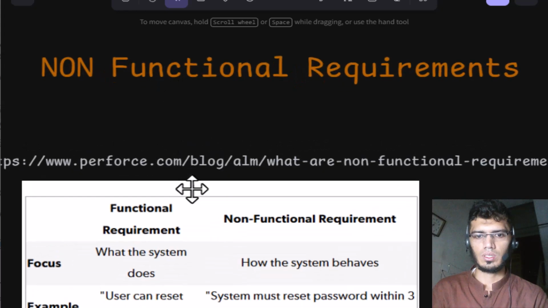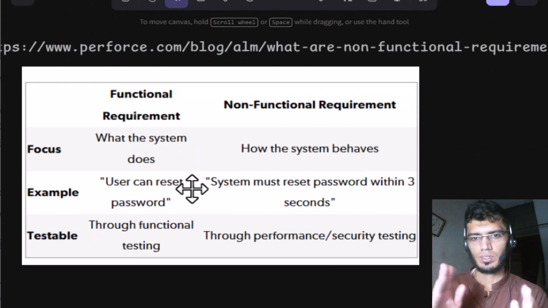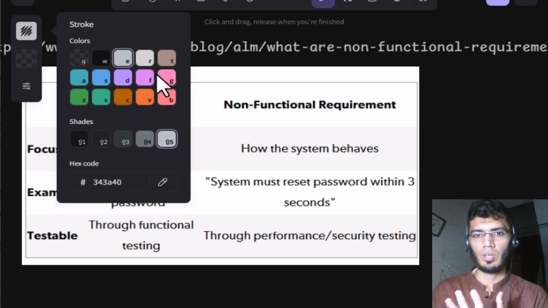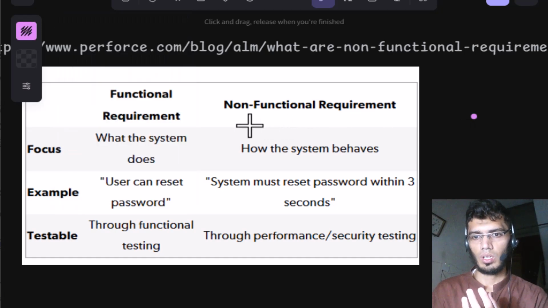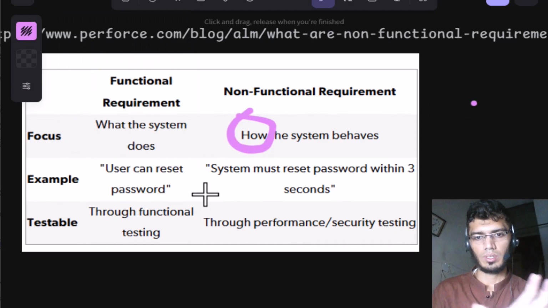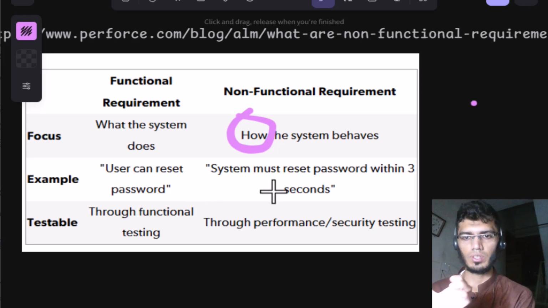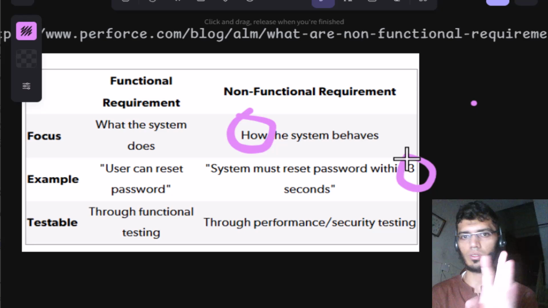For example, in functional requirements we say what the system will do, but in non-functional requirements we focus on how. Similarly, for example, a user can reset a password, and then in non-functional requirements you have to ensure that the system can reset the password within 3 seconds. How well? 3 seconds, not 5 seconds, not 10 seconds.